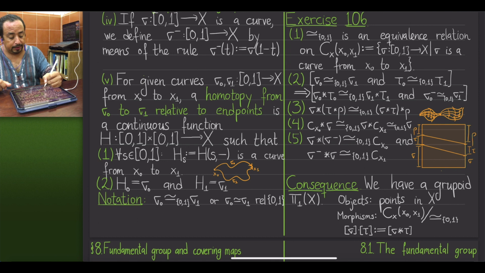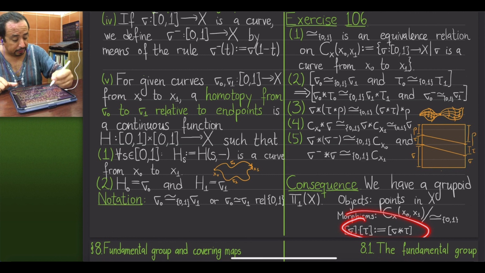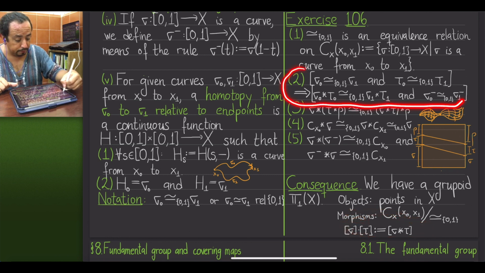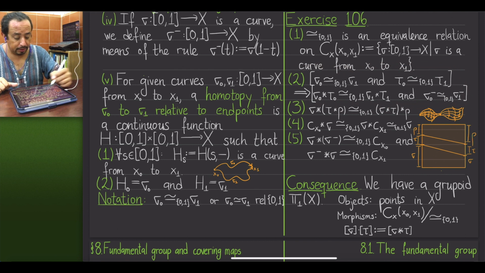And the composition in this category is, whenever the curves can be concatenated, you compose the homotopy class of sigma with the homotopy class of tau, and you define it to be the class of the concatenation. And this is well defined because of property 2. For instance, the fact that it is a category comes from 3.